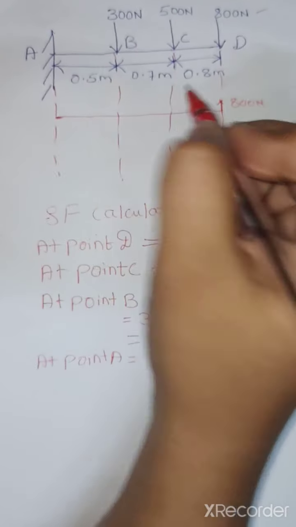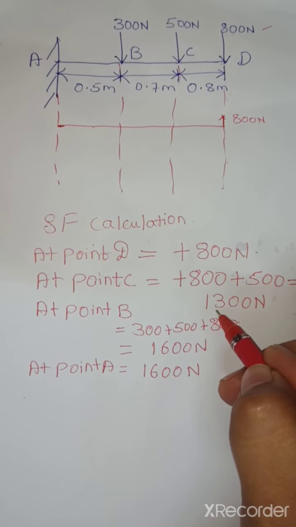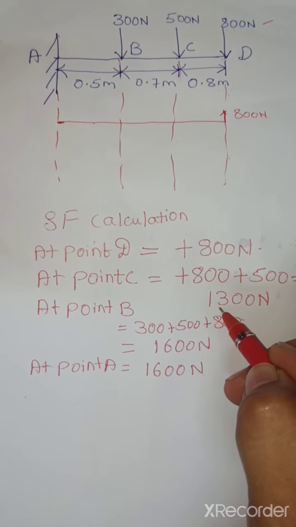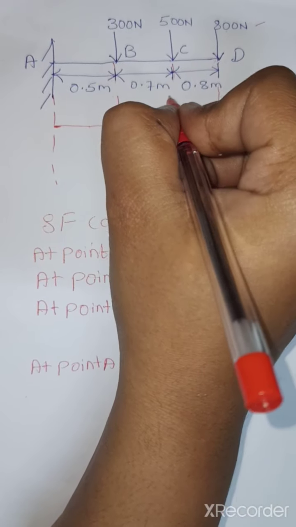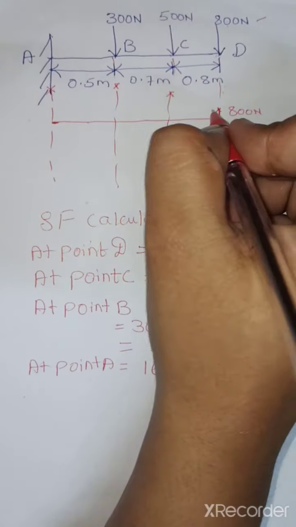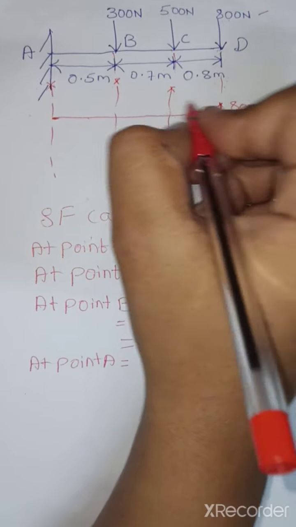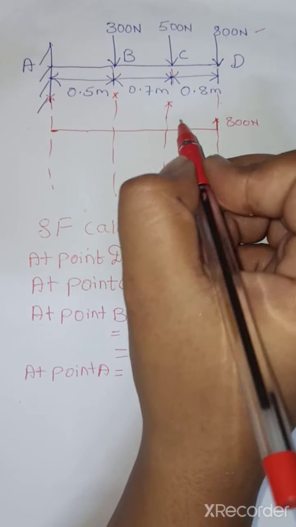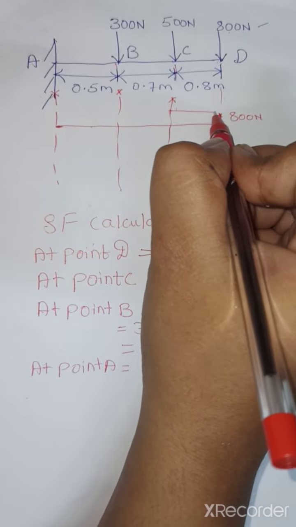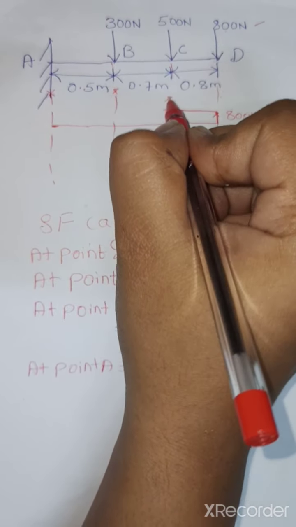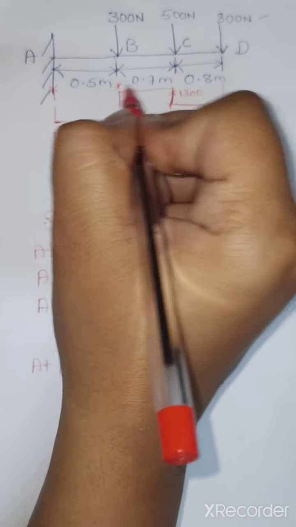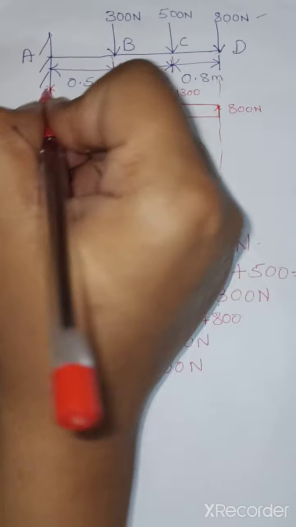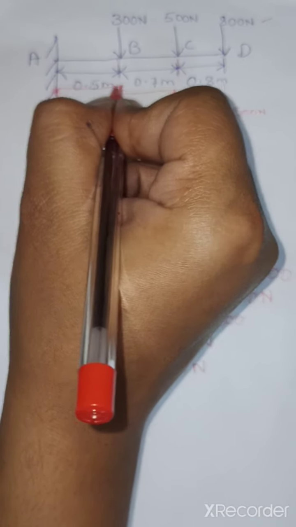So next exactly at point C we have 1300, and then at point B we have 1600, and at point A we have 1600. So this is at 800. As I said, this is a stepped variation. So just draw the straight line and then a step exactly at 1300, and draw the straight line and a step exactly at 1600, and just draw a straight line.